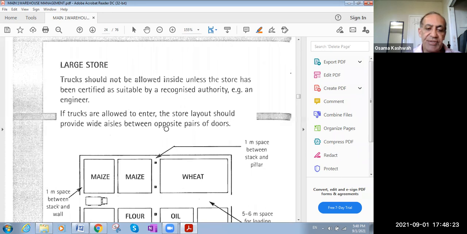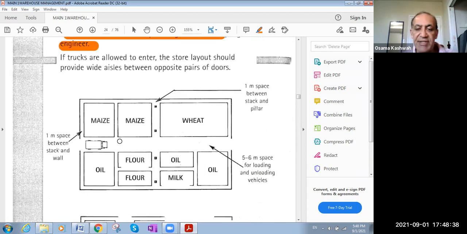In large stores, usually, trucks should not be allowed inside unless the store has been certified as suitable by a recognized authority, for example an engineer. So don't let the trucks inside, especially with foodstuff. Here, for example, we see the maize and the wheat.